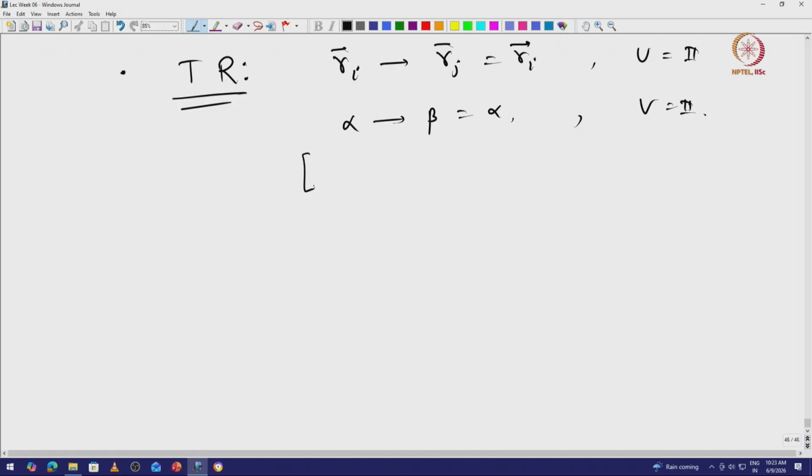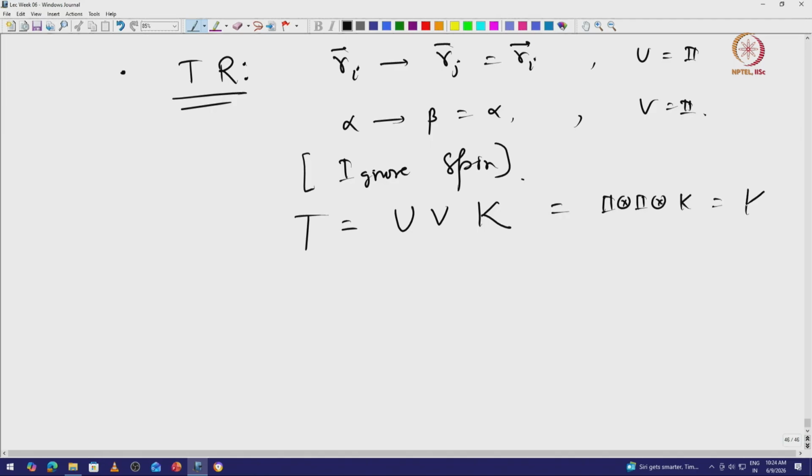Let us ignore spin for the time being and do the spinless case first. But recall that it still has a complex conjugation, so U and V are identity, and the operation is just complex conjugation.